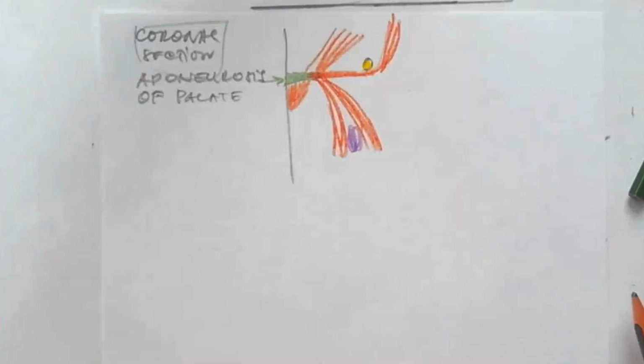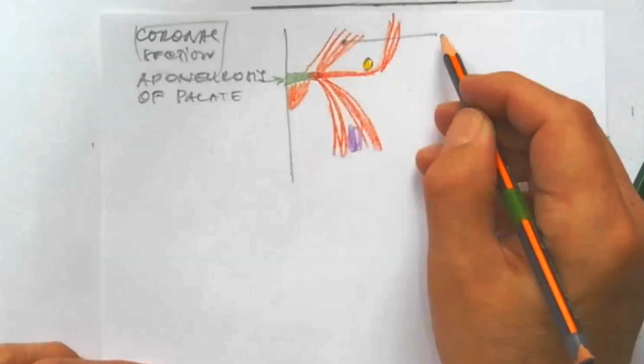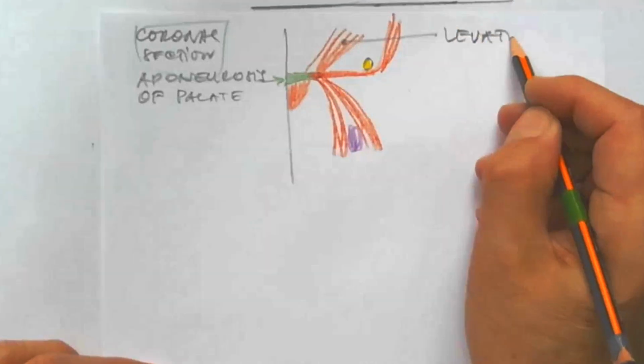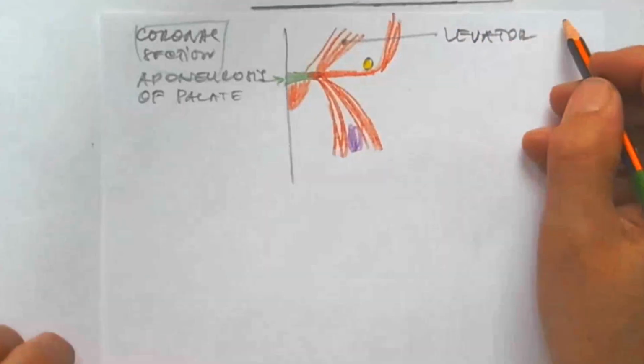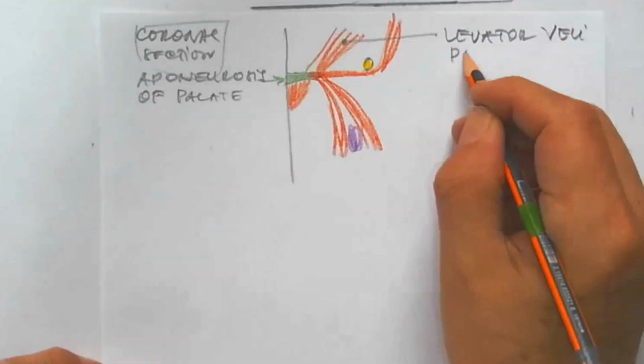Look at that. So then the names: first of all, levator, and we use the official term levator of the soft palate or levator veli palatini.